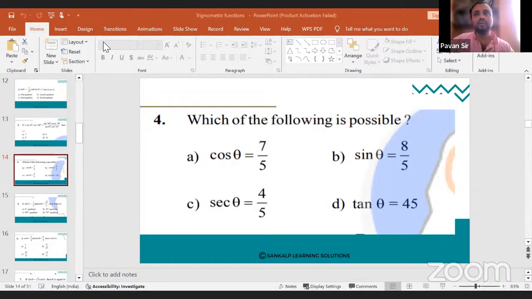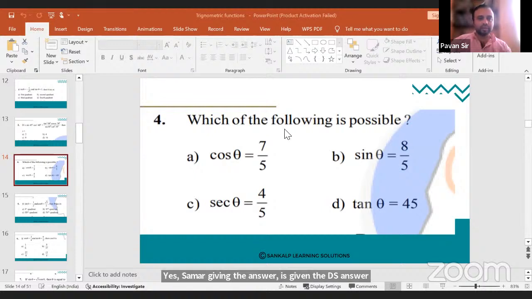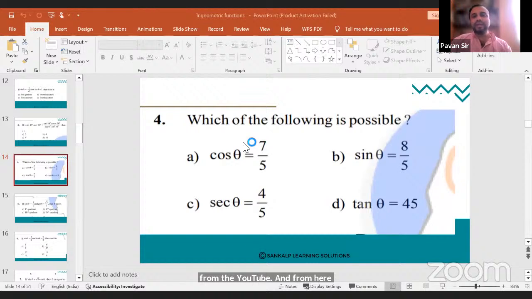What is the answer for this? Yes, some are giving the answer. Birappa has given D as the answer. Absolutely. It's very simple that tan can have any value, but cos and sin have values not greater than 1.